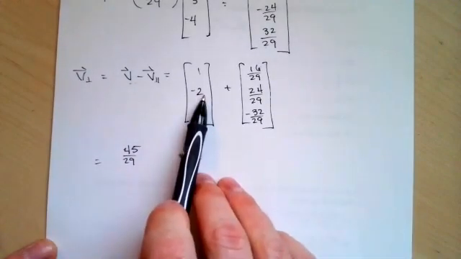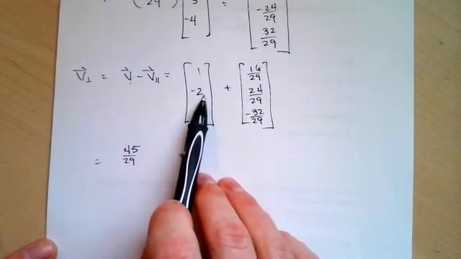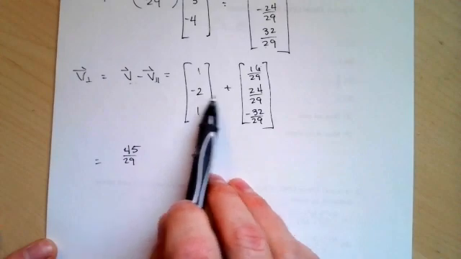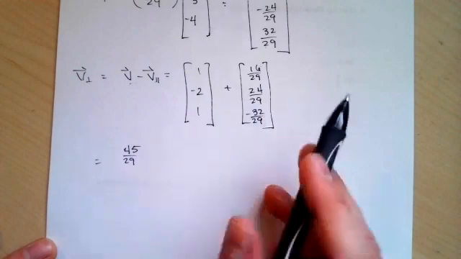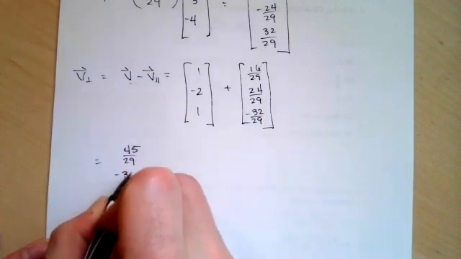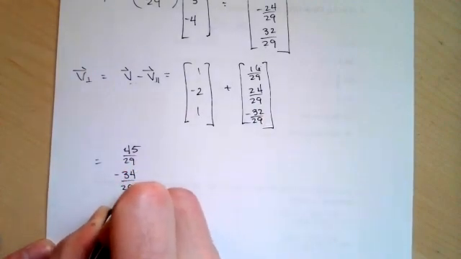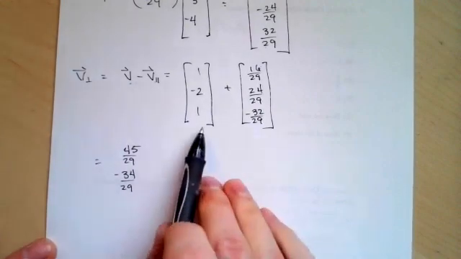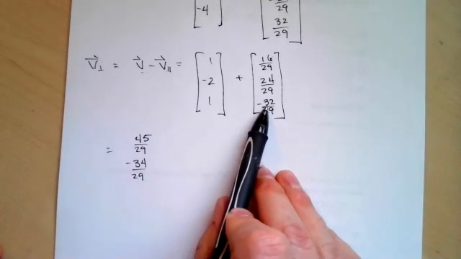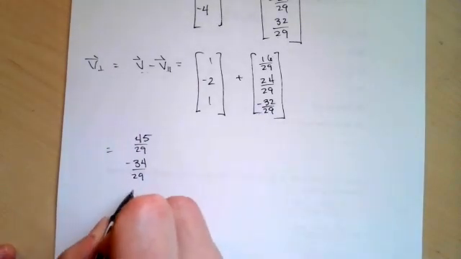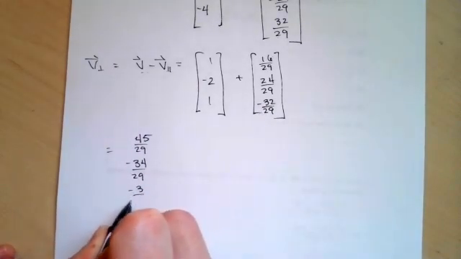So minus 2, that's going to give us a negative 58. Plus 24 is going to give us negative 34. And then 1 is going to give us 29 minus 32, which gives us negative 3 out of 29.